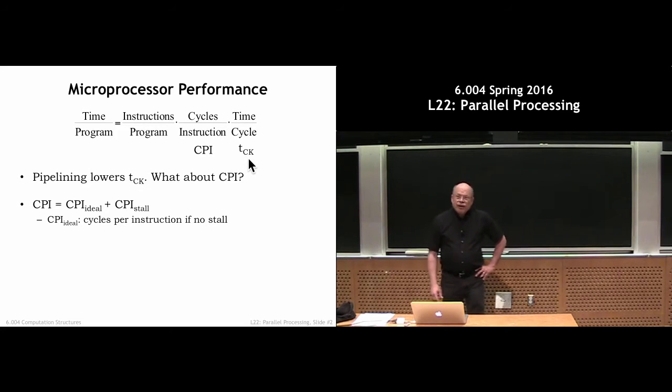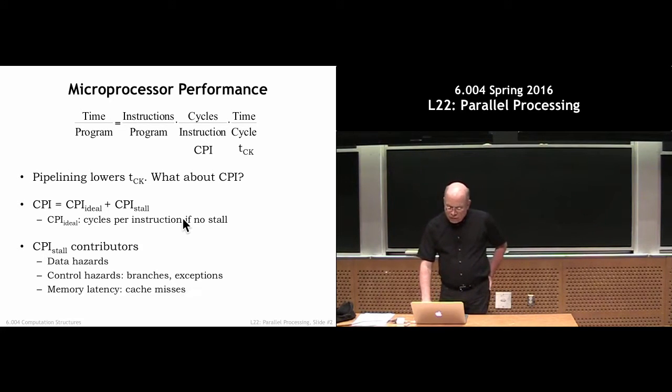The cycles per instruction is a little bit more challenging. We have the sort of ideal, what we can get if everything is running smoothly and there are no hazards that we have to take care of. So that's the CPI ideal. For our design, we've set that currently to be 1, and we'll look into some strategies for making it less than 1 today.